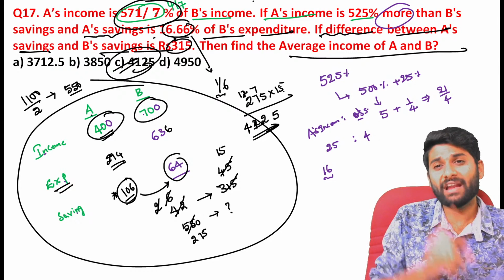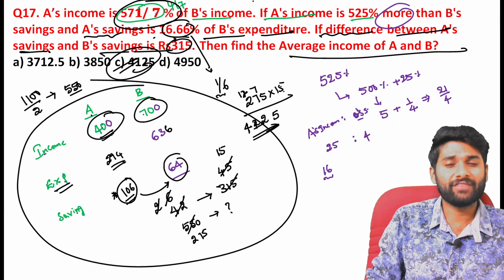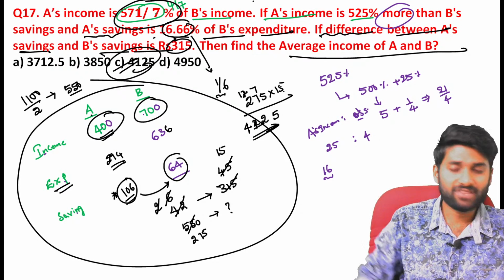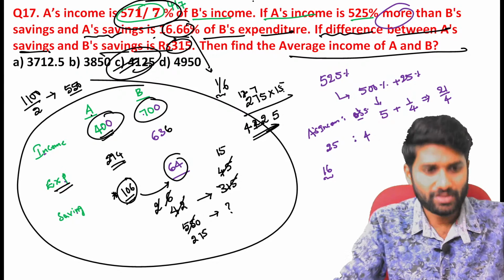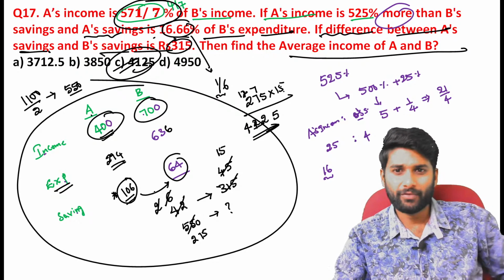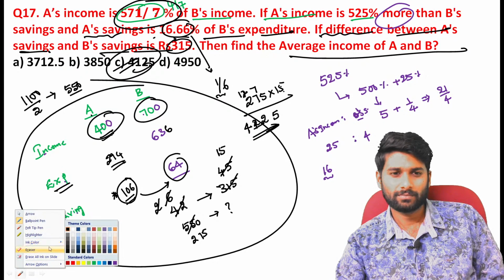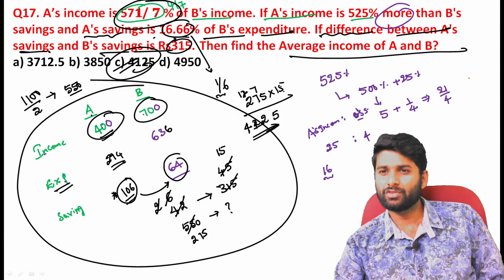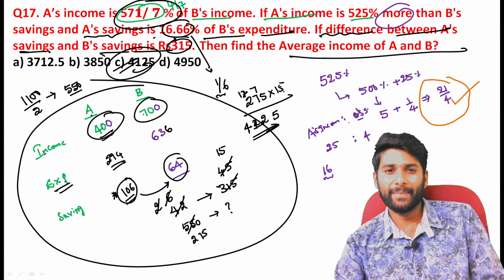A's income is 525 percentage more than B's income. 525 percentage means the fraction value is exactly 21 by 4. The fraction value equal to 21 by 4 means the denominator 4 is represented for B's savings.